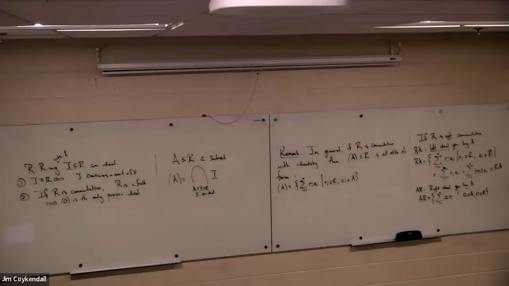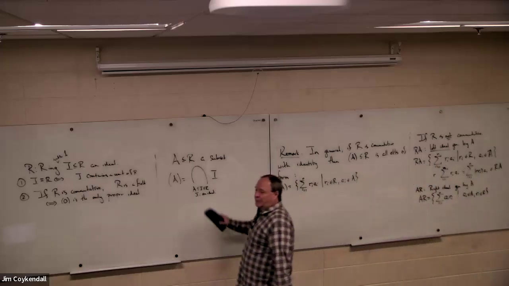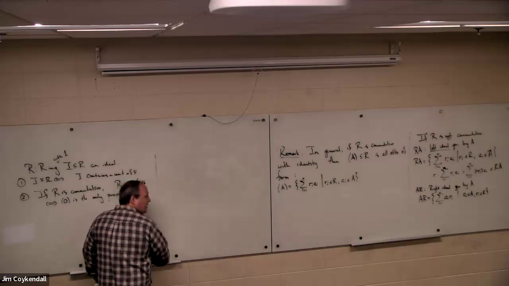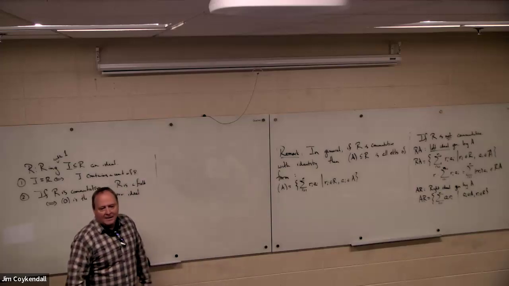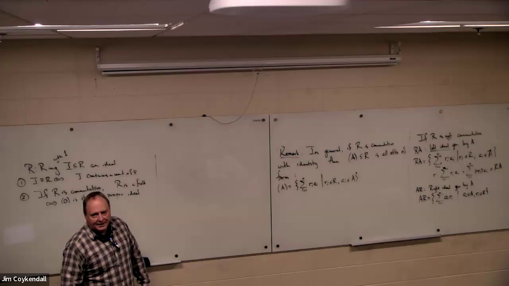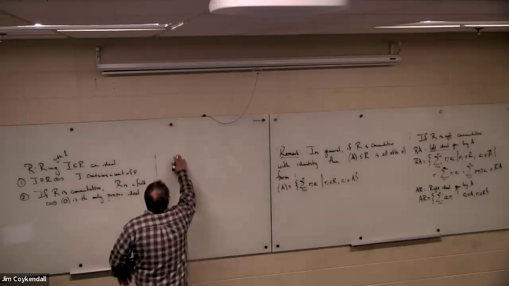Maybe I want ideals, period. How am I going to solve that? What's the ideal generated by A going to look like if I want it in the non-commutative case, if I want it to be left and right? Oh, I think you're on the right track. That's essentially it.